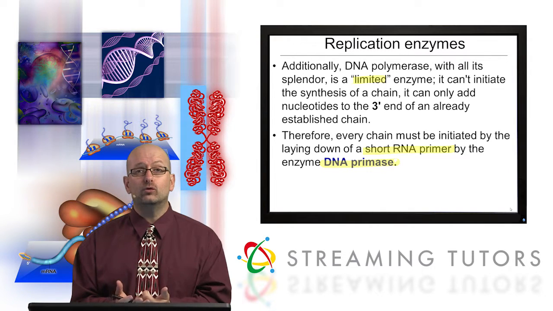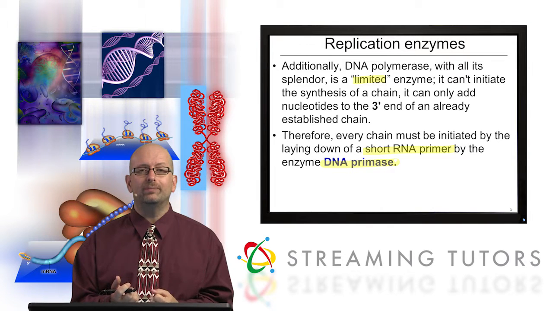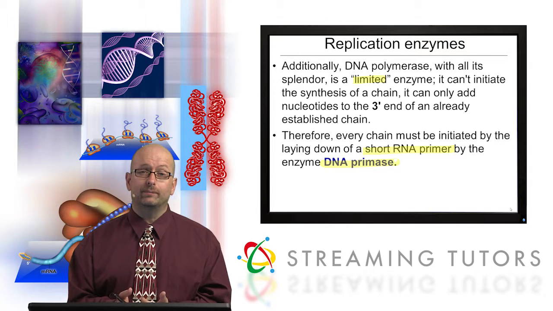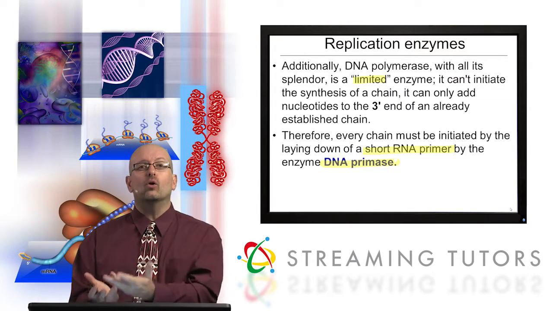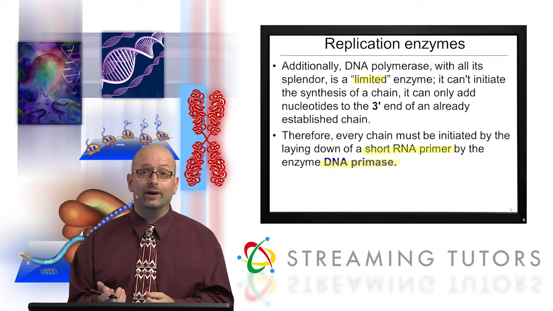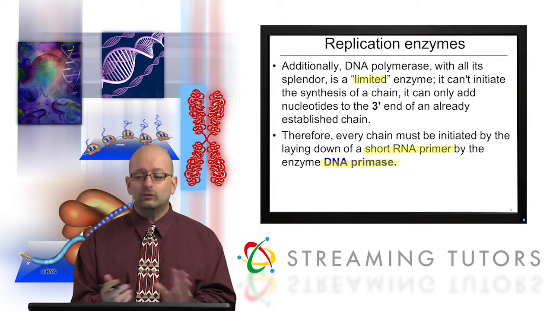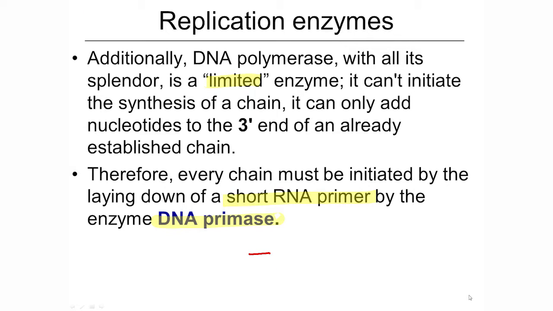It's related evolutionarily to RNA polymerase. We know that RNA preceded DNA evolutionarily. So during the course of evolution, it's almost as if the cell said, look, there's already an enzyme around that knows how to initiate a chain. It just happens to do it with RNA. I'm not going to bother learning that skill. Let's let RNA start off the chain, and then we can get the DNA, which I'm going to draw in blue, and add that on and keep going.